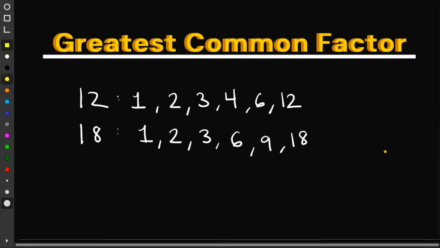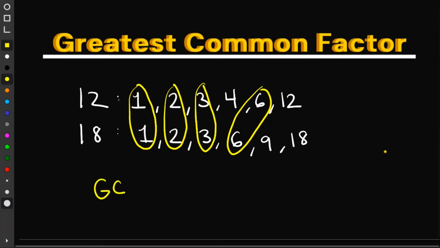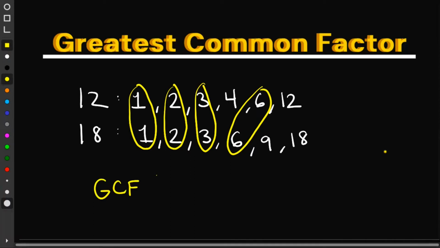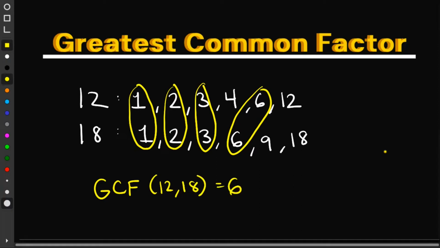Observe that 1, 2, 3, and 6 are common factors of 12 and 18. But since we are asked for the greatest, the GCF of 12 and 18 is actually 6. So that is our first method, the listing method.